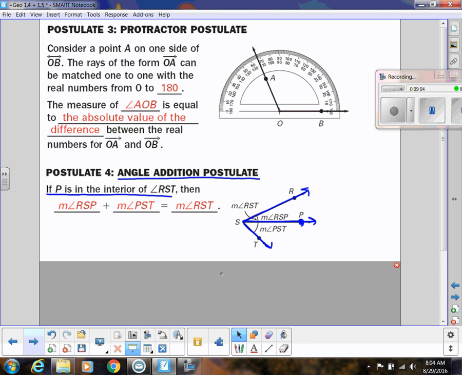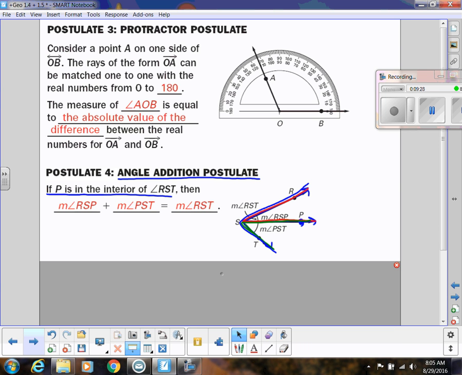So if that is true, then they're saying angle RSP, that's this angle right here, plus the angle PST, now I'm tracing that with green, if I add those two angles together, that will equal the larger angle RST.